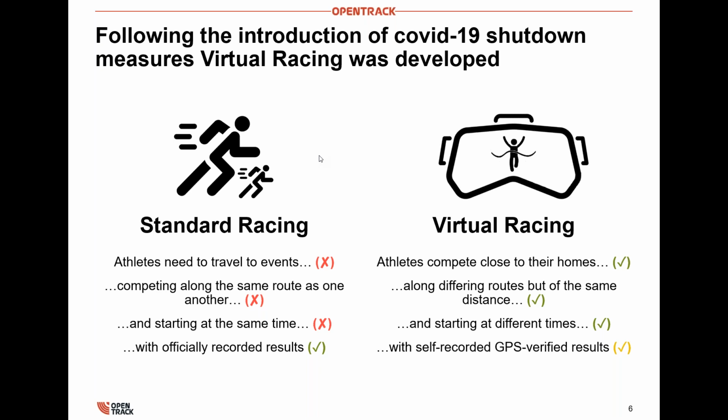Virtual racing lets athletes compete on their own, near their home, using GPS verified tracking. So that way you can have competitions that span across the UK, across the world even, all from the comfort of one's own local area.